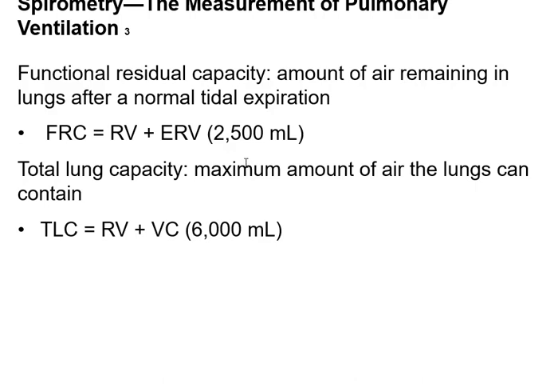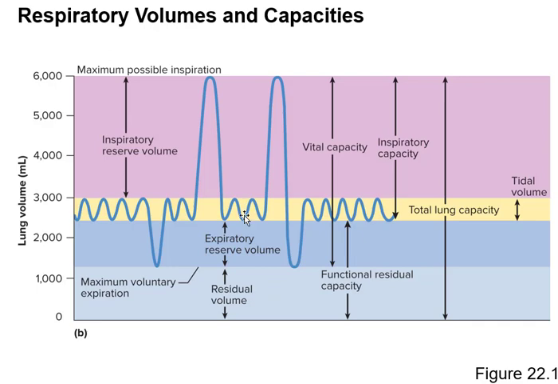And the reason this is important is after you normally breathe, I'm doing tidal breathing, I'm not exercising, I'm not doing anything weird, I'm going to have 2,500 milliliters of air that remains in my lungs after I exhale. Because I'm not going to use this, because that's when I push the air out, and I'm definitely not going to use this because I haven't been stabbed. So this amount right here remains in your lungs.